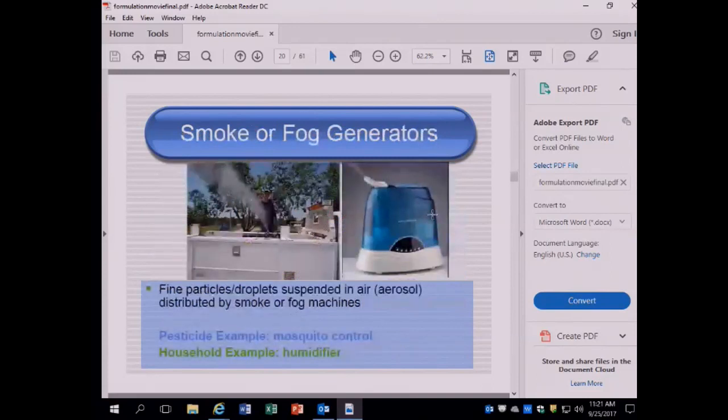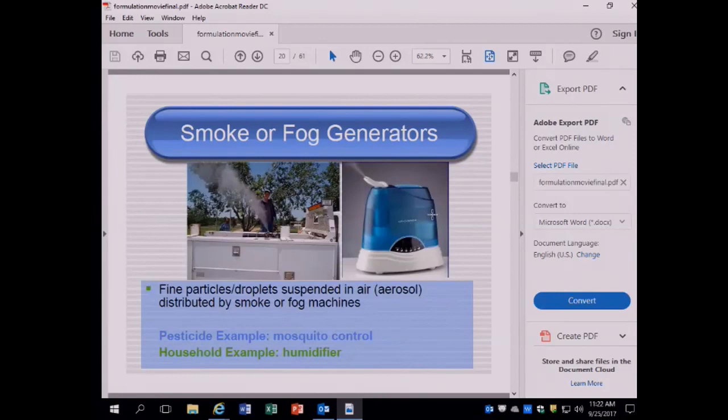Fog or smoke generators are fine particles or droplets suspended in the air and distributed by smoke or fog machines. These are used also for mosquito control and in a house. If you ever use a humidifier, it's doing the same thing. That's a fog generator to increase the humidity in your home.